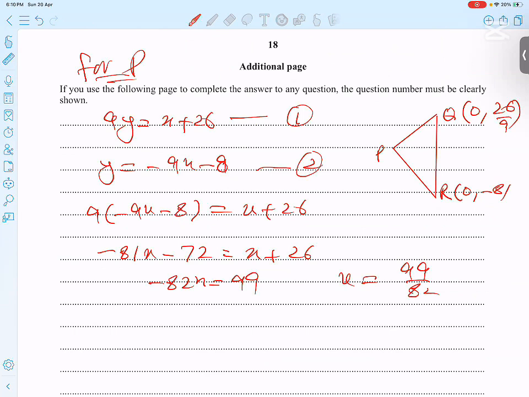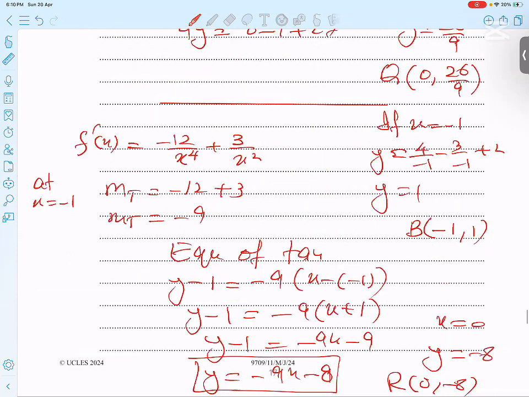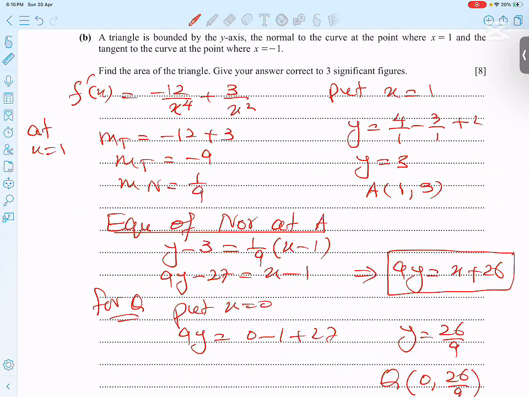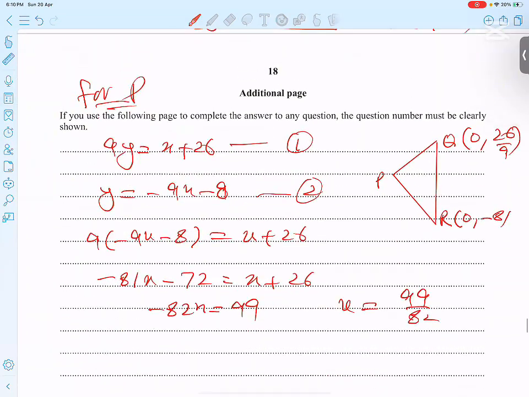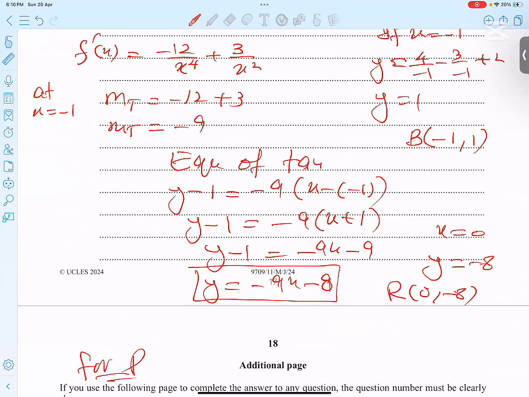So I think this point is also clear, but once again, let me recheck. Maybe recheck once again. Okay, this is all okay. 9y is equal to x plus 26. No mistake here. 9x, and I got -8.